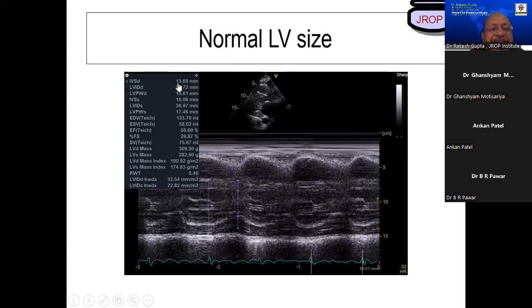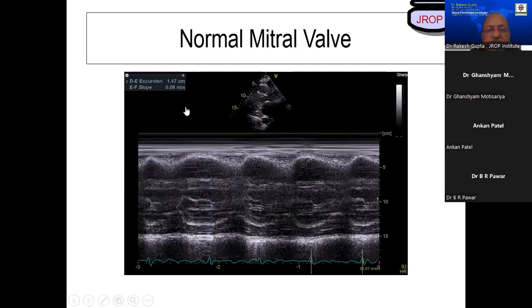If you look at the LV wall thickness by this particular method, the IVS is 13.7, and the posterior wall is 10.61, diastolic. So the septum is a little hypertrophic, but the posterior wall is normal.